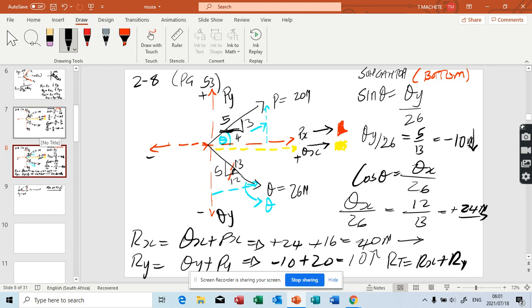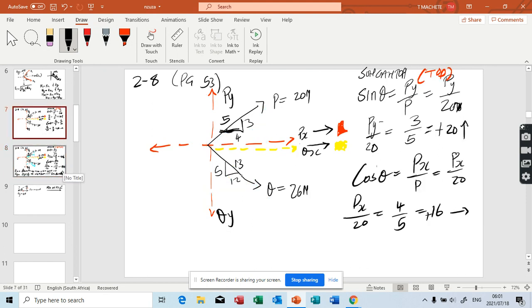Yeah, no. Let's check ours. It cannot be 20. You see, it's wrong. Our Ry is wrong. There's no way it can be 20 here. Yeah, I see there's a mistake.